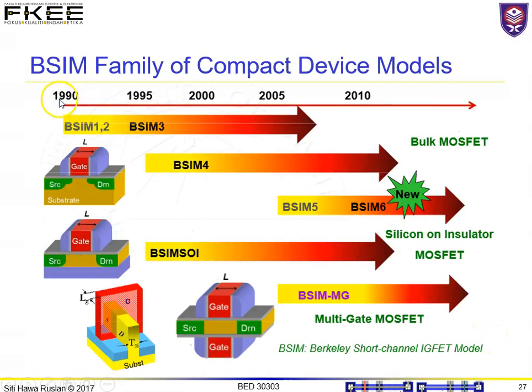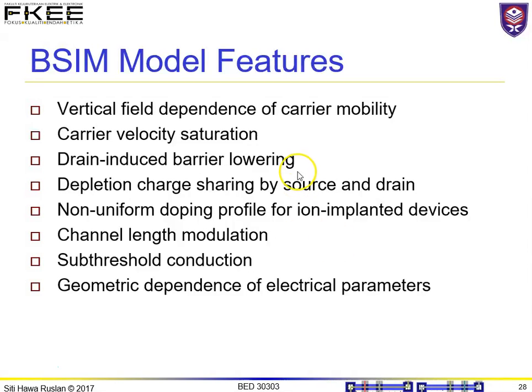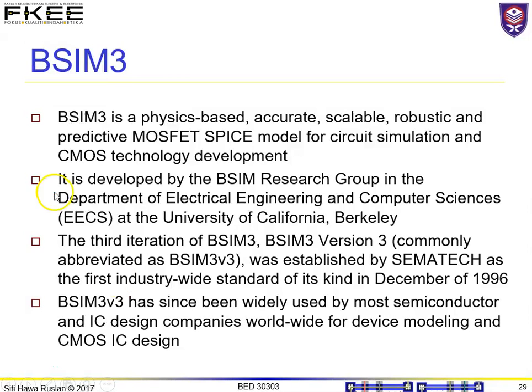So since 1990 up until now, there have been several BSIMs, which are the levels just now. Now we have silicon on insulator, and we have multi-gate MOSFET, which will use a different type of BSIM. This BSIM model features vertical non-uniform doping, carrier mobility, drain induced barrier lowering, channel length modulation, and so on.